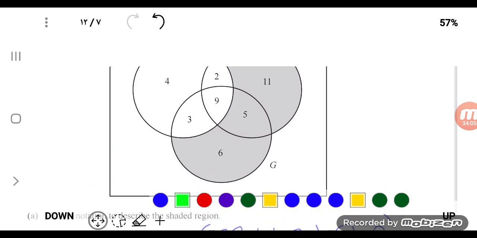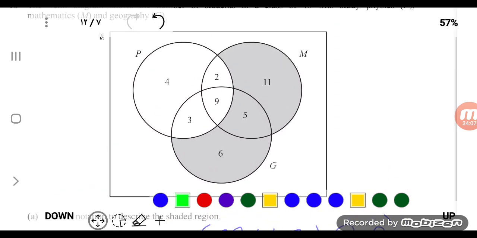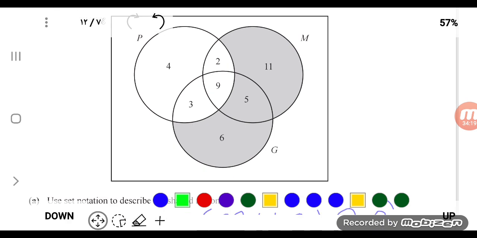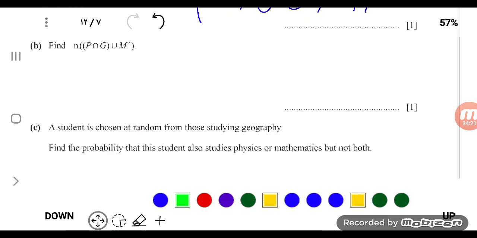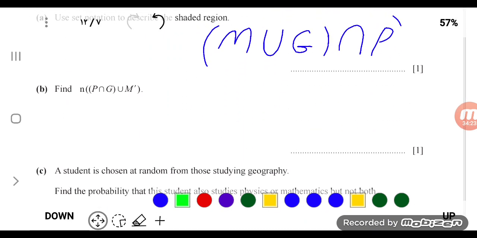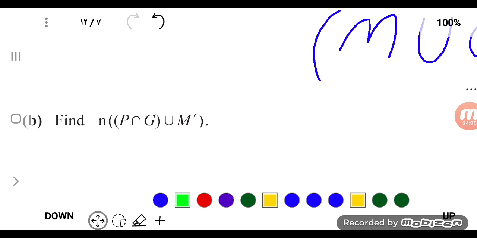Everything of the intersection of P and G, I have to take it, which means I have to take 9 plus 3, and that is 12. And also I have to take everything outside M.